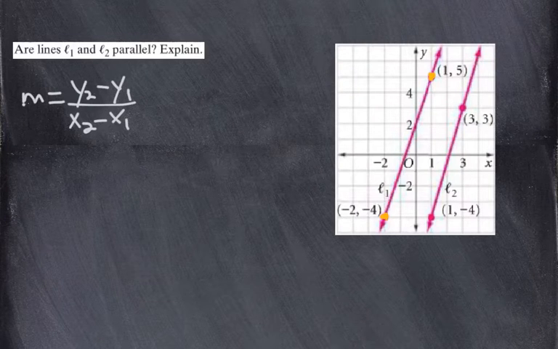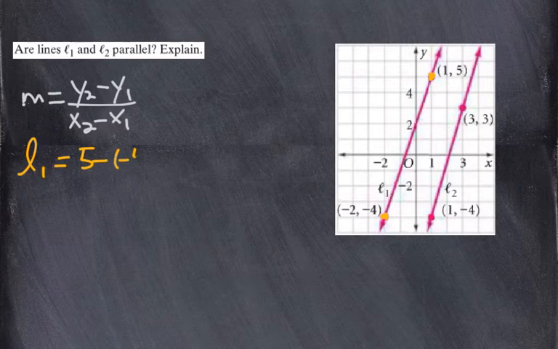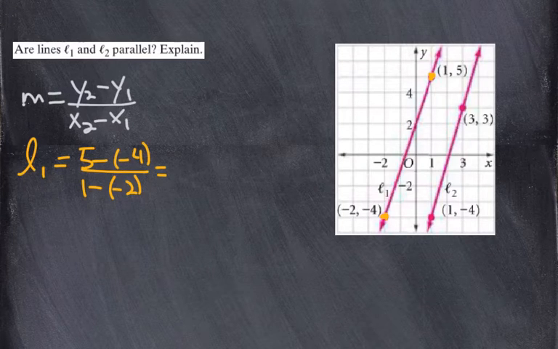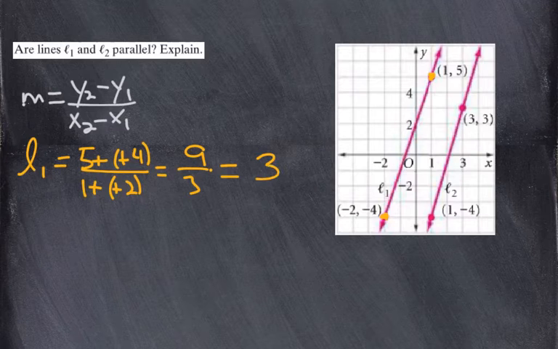So if we apply the slope formula for L1, the slope of that, you do one y value, 5, minus the other, which is negative 4, over the x value, 1, minus the other x value of negative 2. Now please don't forget, whenever you have two negatives next to each other, it becomes a plus. So we have 5 plus 4 is 9. 1 plus 2 is 3.